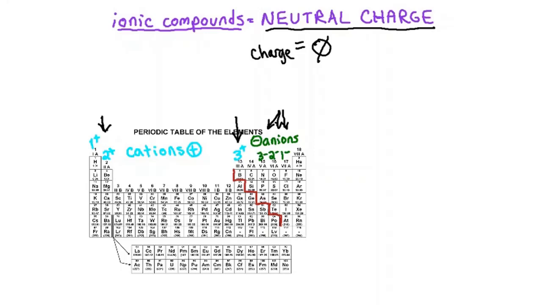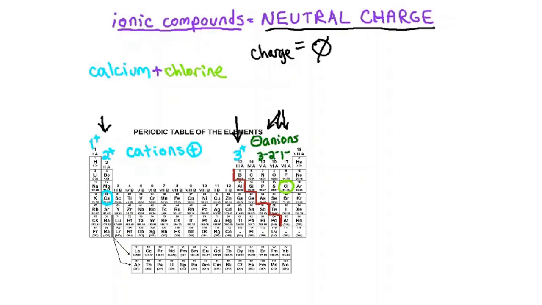So say, for instance, we want to do calcium and chlorine. So down here on the periodic table, here's calcium right here, and then chlorine is over in the nonmetals section, in the anions section. So we're going to first know how to say this. We got calcium and chlorine.